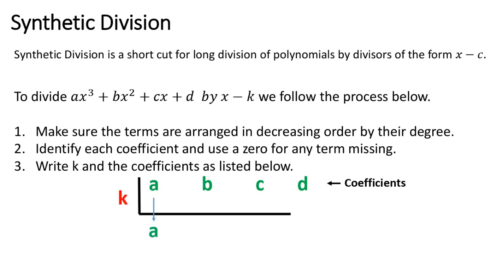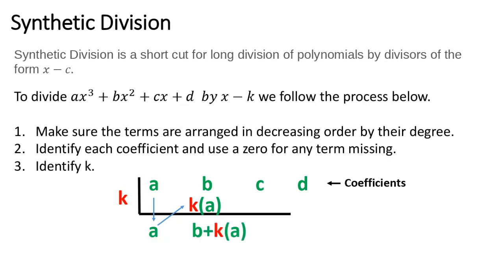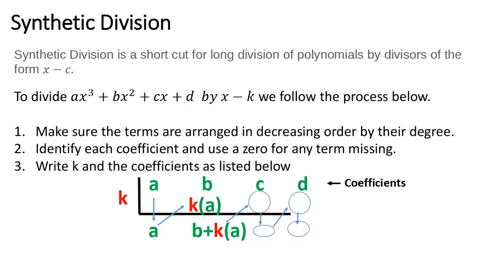So once you do that, then the first step is to bring down the a, and then we're going to multiply k times a, and whatever the product is, you're going to write on top of this line, and then we're going to go ahead and add those together. So b plus the product here, and then it's going to be a cycle. So then we would do the same thing, k times this number, we would put it up here, and then we would add it to the c, and it's just going to be a cycle until we're done.